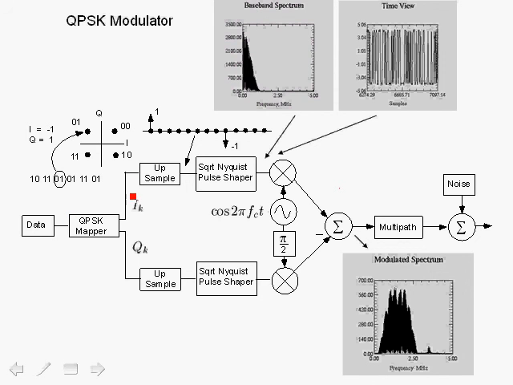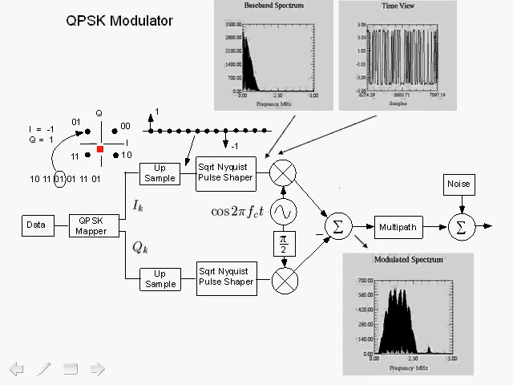But in the case of QPSK, since we are mapping 2 bits per symbol, we can double the bit rate through the channel, since every symbol represents 2 bits. At the receiver, every symbol will be mapped back to 2 bits, but in the case of BPSK, every symbol will be mapped to a single bit.